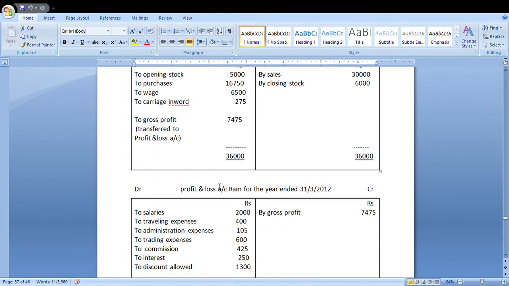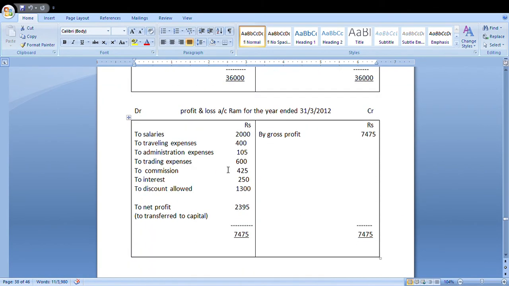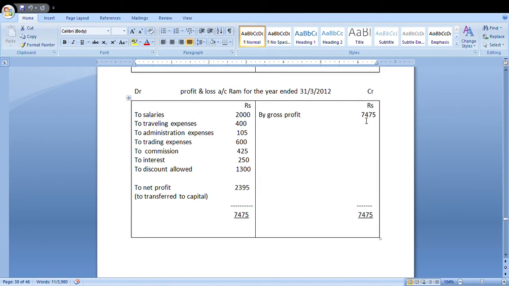Next, you calculate the net profit. You base this on the statement. First, you total the credit side. This amount is 7,475. From this amount, all expenditures are deducted. The remaining balance is the net profit.